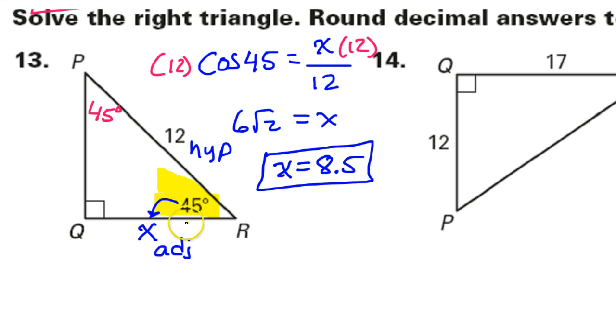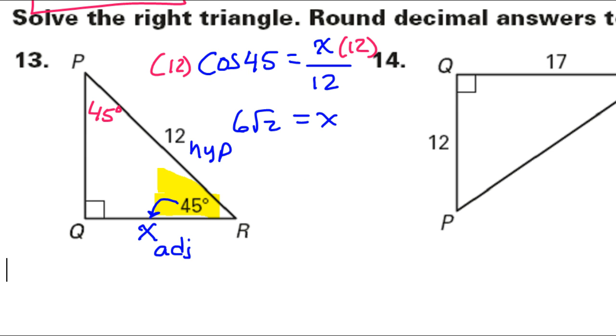Okay, so that's right here. In fact, rather than saying x, maybe I'll say QR, because I just made up that x. That wasn't part of the original problem. So I'll go back and I'll say QR is 8.5.